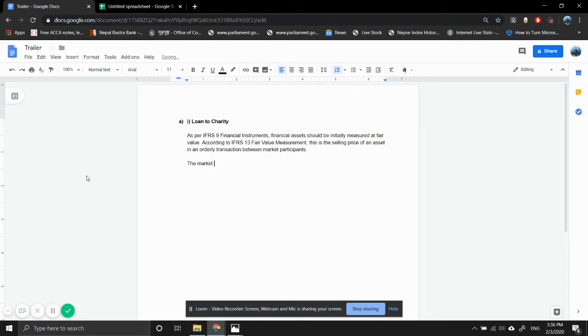The market rate of loan interest is normally 6%, whereas for the charity it has been subsidized, so only 3% is being paid.